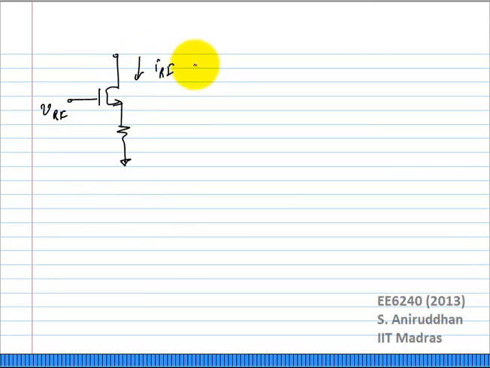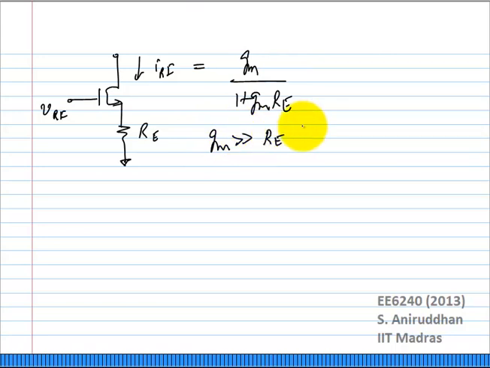What is IRF? If, let's say, this was RE, what is IRF? It is Gm by 1 plus Gm RE, times VRF. This is your transconductance. How do you make it more linear? The larger you make the Gm of your device. Again, when you say large, it has to be relative to something: 1 by RE.